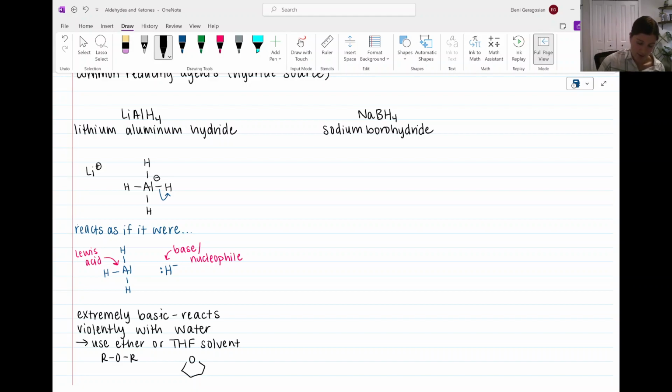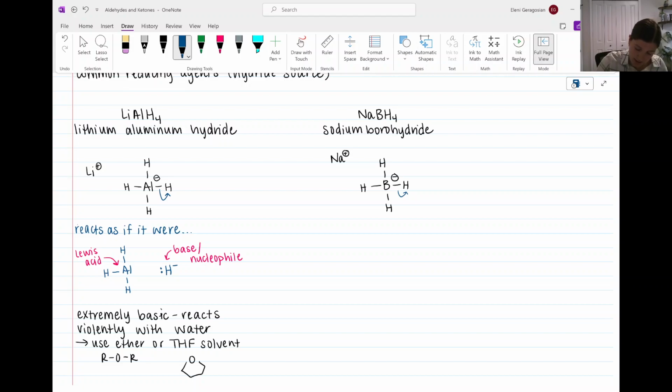Sodium borohydride, we again have a sodium positively charged counter ion, and then boron in the third column is bonded to 4 hydrogen atoms. It has a negative charge. Similarly, sodium borohydride reacts as if one of the hydrogens has left with electrons.